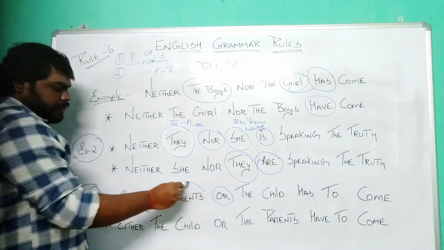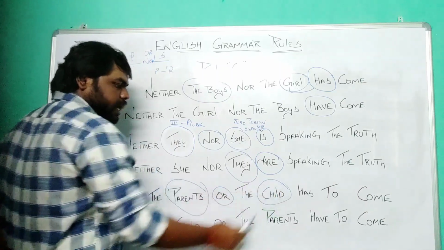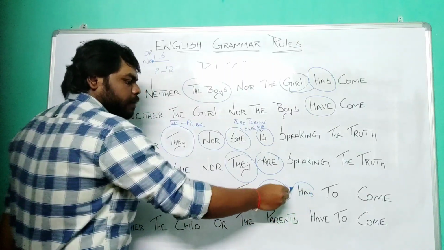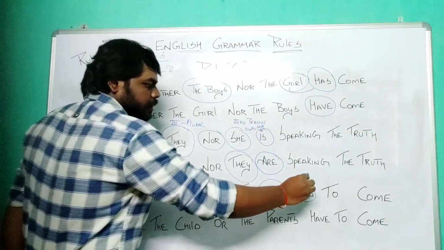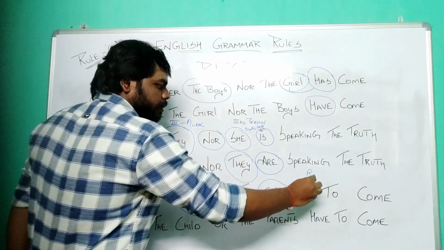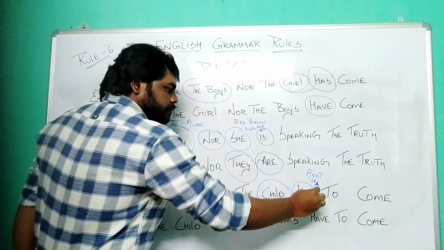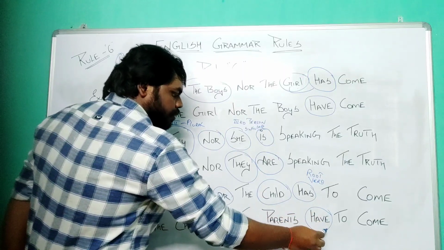Here we have two subjects, parents, child. Child is a singular subject and it has been followed by a singular verb. These are root verbs, right? Has is a singular root verb. This is also a root verb but a plural form.